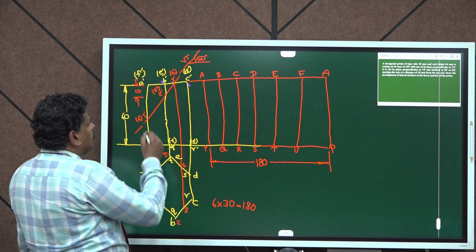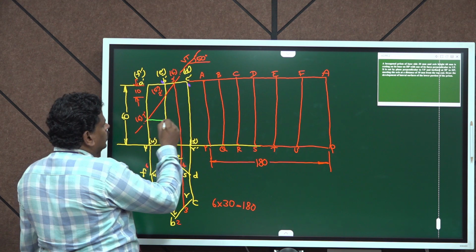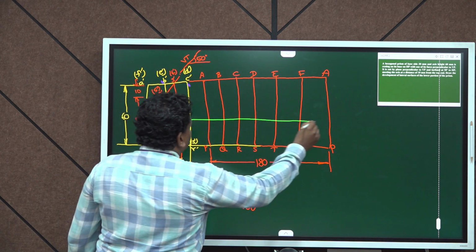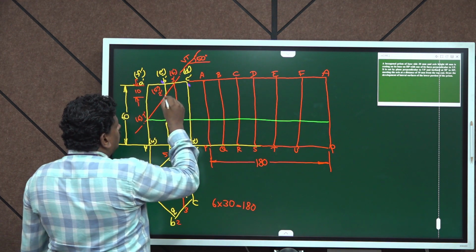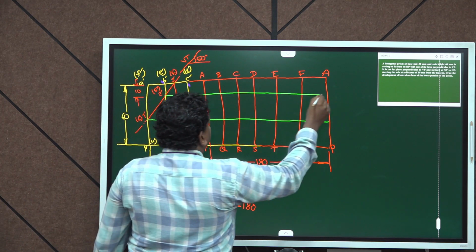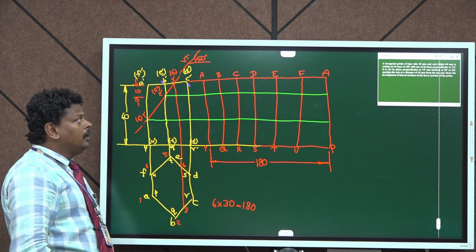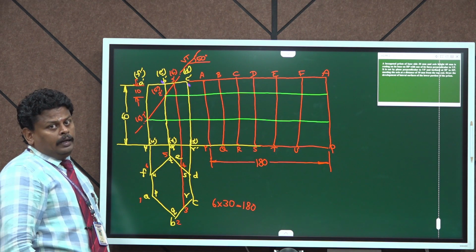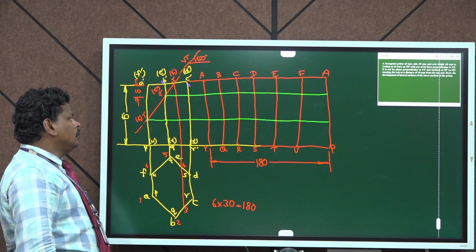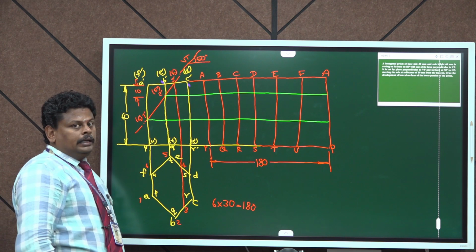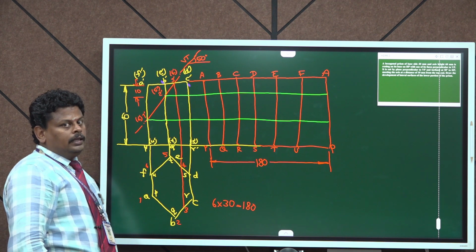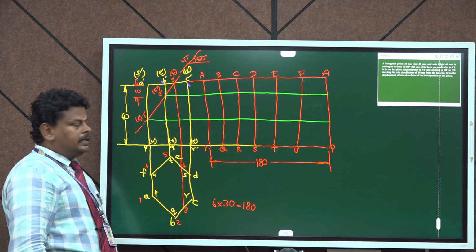So we can project point 1 along the cutting plane. Similarly, point 2 dash. We need not project to the point 3 dash because it is already coinciding with the top end of our development. So now we need to mark the cutting plane points in the development of the hexagonal prism.